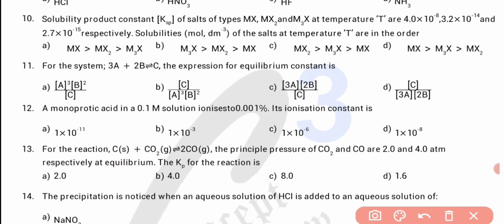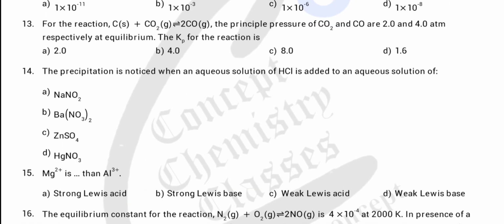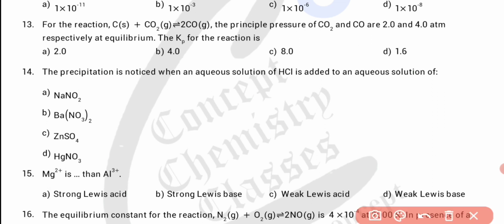Now let us move to the next question. The next question is for the reaction: C solid and carbon dioxide produces 2 moles of carbon monoxide. The partial pressures of carbon dioxide and carbon monoxide are 2 and 4 respectively at equilibrium. Kp for the reaction is asked.